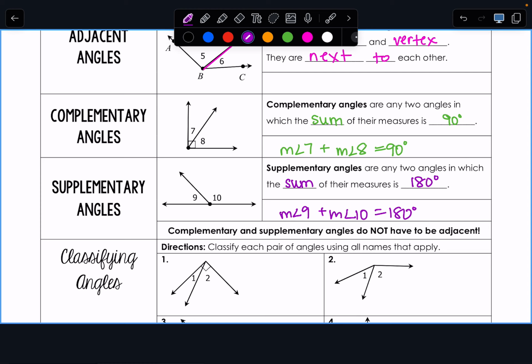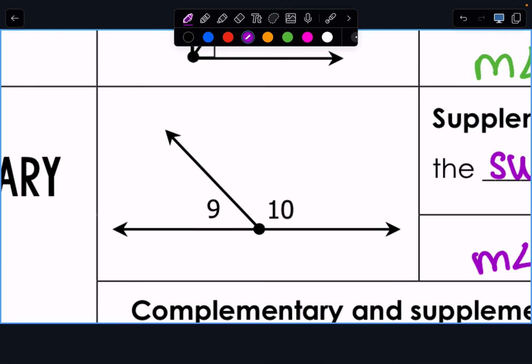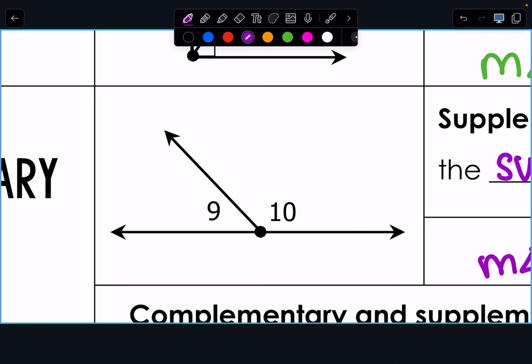Or this one's 100 and this one's 80. And so we know by doing some math that they add to be 180. What gives it away in this picture right here with angle 9 and angle 10? They're both one's up, two's up. Okay, and that can be true, but that doesn't necessarily mean they're supplementary. What about that picture tells us, yes, they equal 180? It's a straight line. The two put together make a straight line.